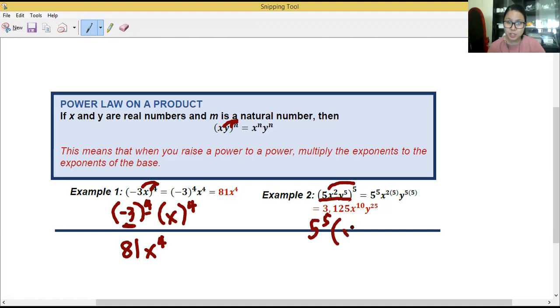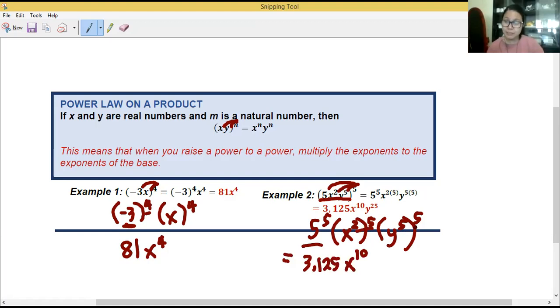Next, we have x squared to the fifth power. And the last, we have y to the fifth to the fifth power. So the answer will be 5 to the fifth is 3,125. 2 times 5 is 10. Then 5 times 5 is 25.